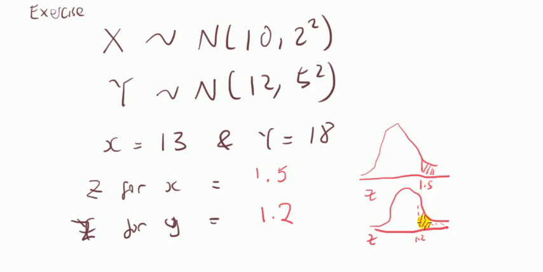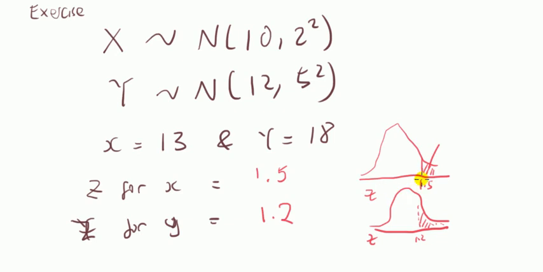It's lower. It means that a smaller proportion of people scored higher than 13 for the x, because there's less area in that tail. Here there is more area because it's 1.2, which is less than 1.5.